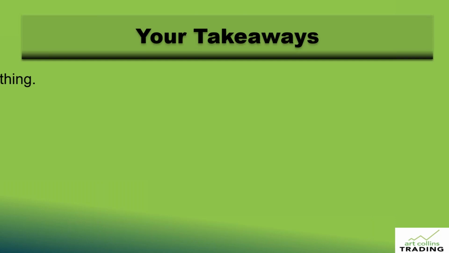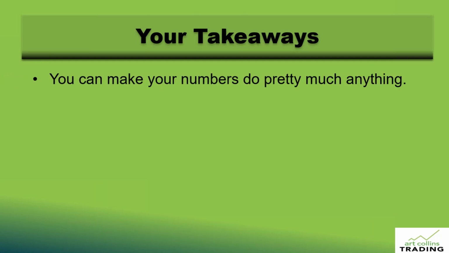So your takeaways: you can make your numbers do pretty much anything. Famous system developer Larry Williams had a great quote. He said, numbers are like prisoners of war. You beat them enough, they'll confess to anything.